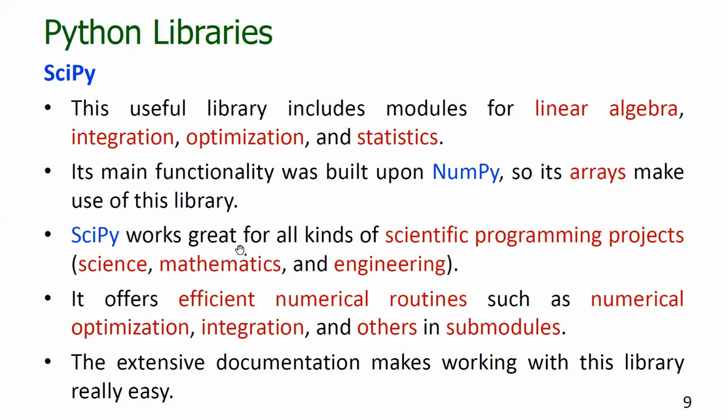SciPy works great for all kinds of scientific programming projects, including science, mathematics, and engineering. It also offers efficient numerical routines such as numerical optimization, integration, and others in submodules. The extensive documentation makes working with this library really easy.